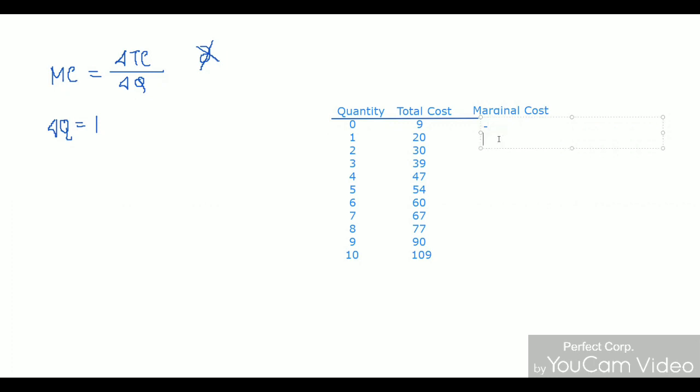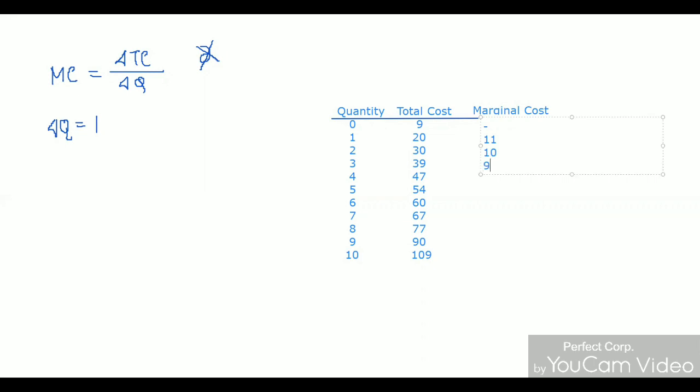For the first unit, the marginal cost value will be just the difference between the total cost for the first unit and the total cost of the 0th unit. So it will be 20 minus 9, which is 11. Likewise, we can calculate the marginal cost for the second unit, which is 30 minus 20, and the value will be 10.